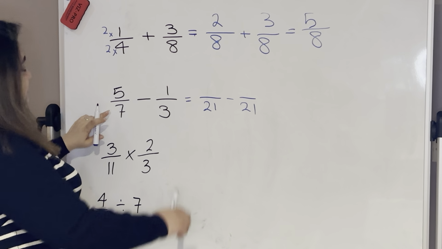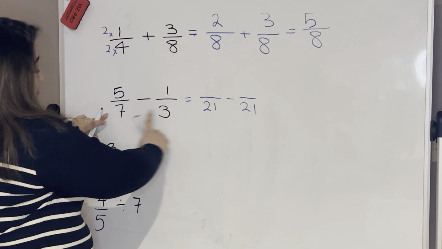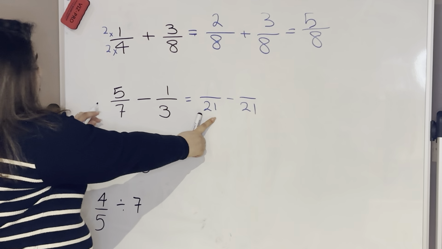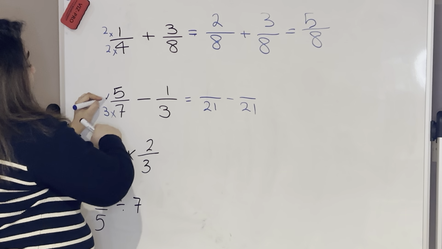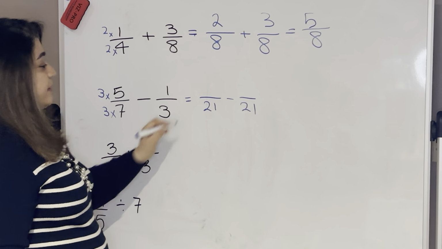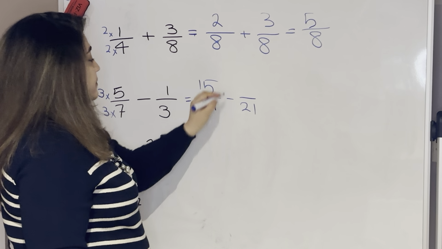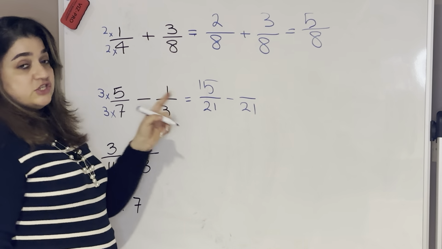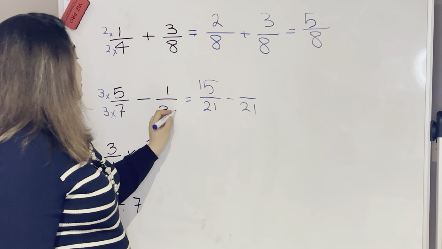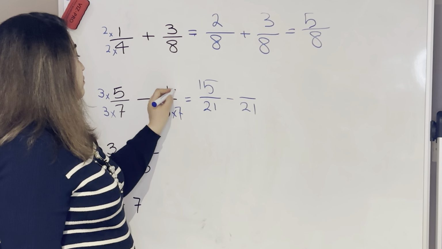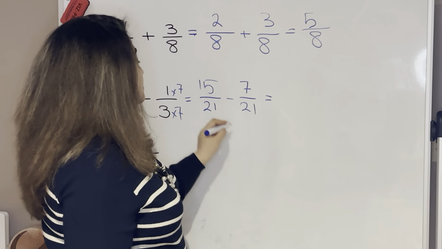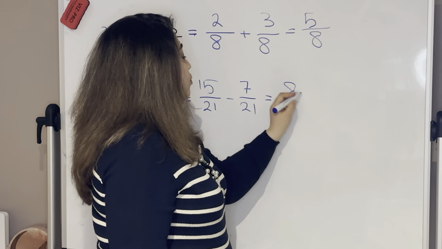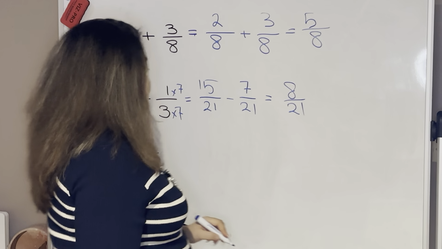And then 7 has been changed to 21, so it should be times by 3, and definitely 5 should be times by 3, so it is 15. 3 changed to 21, so 3 times 7 is 21, so 1 should be times by 7. And the answer will be 8 over 21.